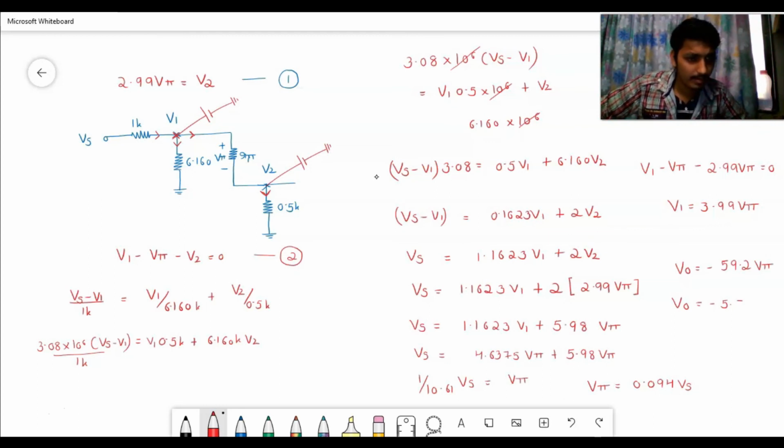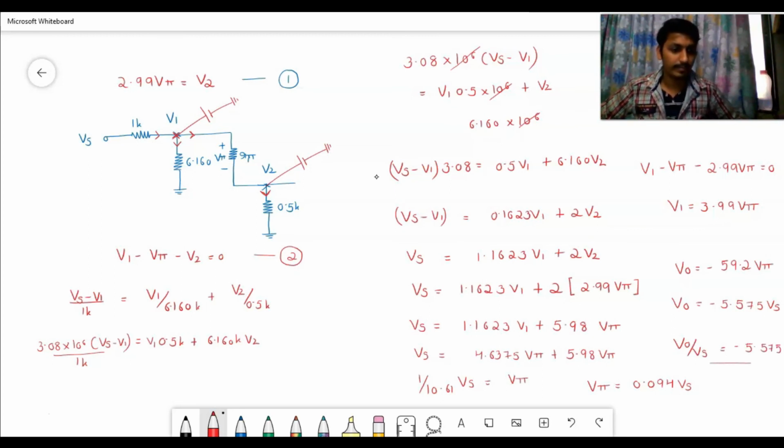Minus 5.575 Vs. So finally we got V0 by Vs, that is nothing but our voltage gain, in terms of minus 5.575. So this is our answer. V0 by Vs, that is nothing but voltage gain, comes out to be minus 5.575.